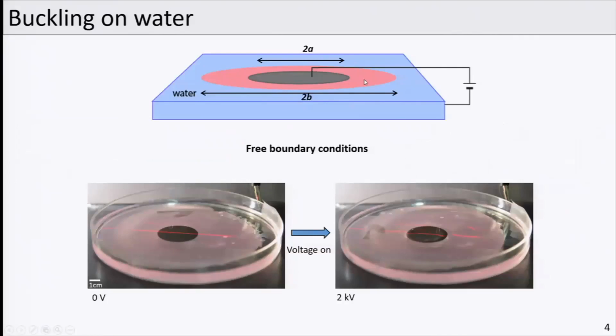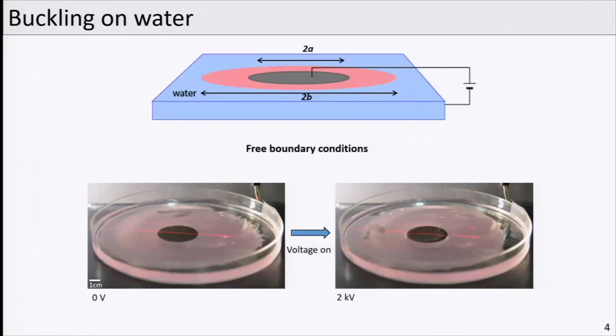This floats freely on water, so the boundary conditions are free, it's not clamped. Then we contact the black electrode in the active part with a thin metallic wire. You can kind of see it on this picture. And water is connected to the ground. So in the system, water plays the role of the second electrode, the bottom electrode.